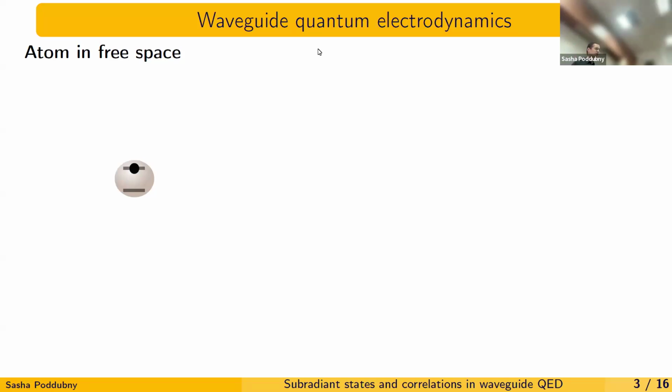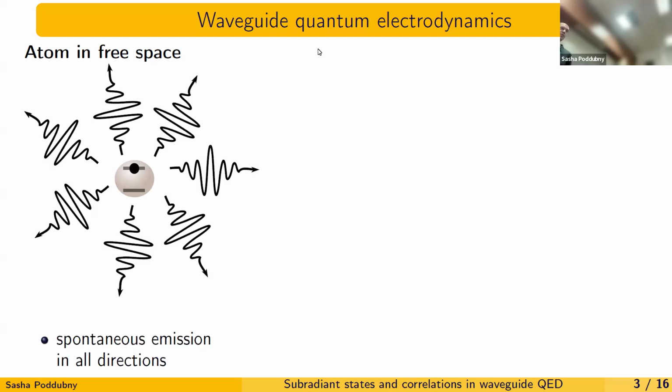Okay, let's first go to an atom in free space. What do we know about it? If we have an excitation, it will emit a photon after some time, but there are kind of two problems. First, you don't have much control over the spontaneous emission.